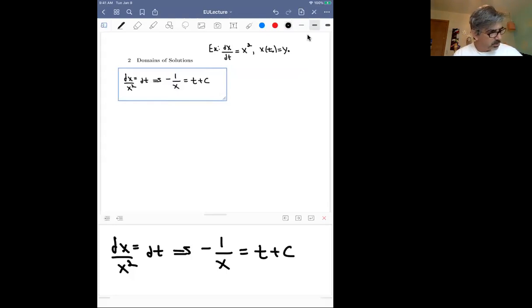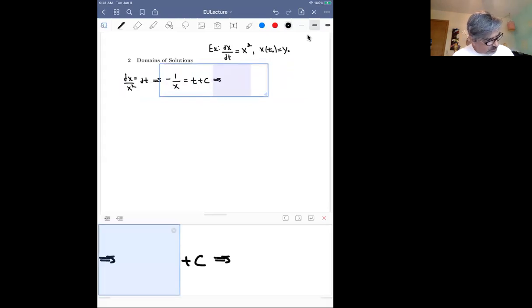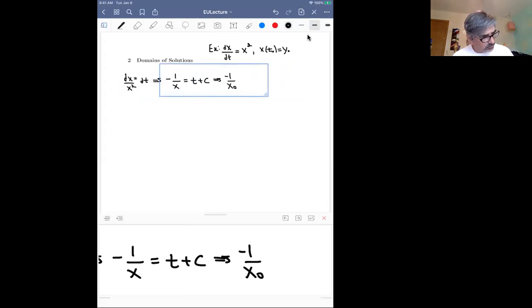Then we might use the initial condition. To use the initial condition, I get minus 1 over x0 is equal to t0 plus c.